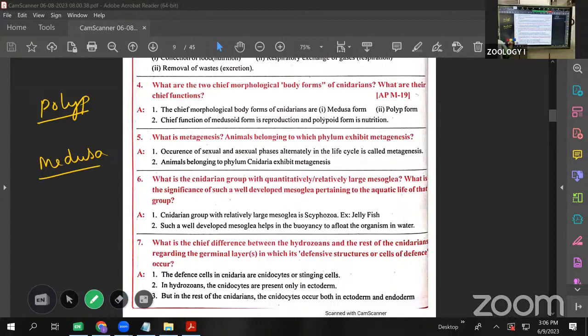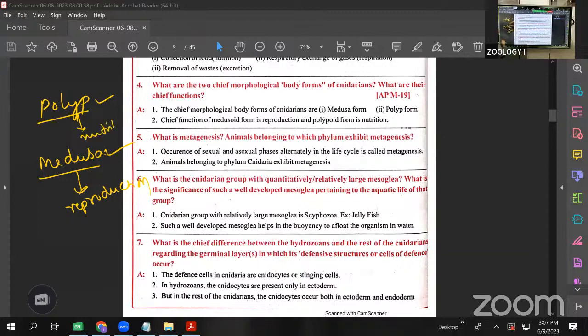The chief morphological body forms of cnidarians are called the medusa and polyp, and the chief function of the medusa is reproduction, and the polypoid form is nutrition. The polyp is cylindrical in shape, the medusa is umbrella in shape. The medusoid form is mainly useful for the reproduction purpose, and the polyp form is useful for the nutrition purpose.